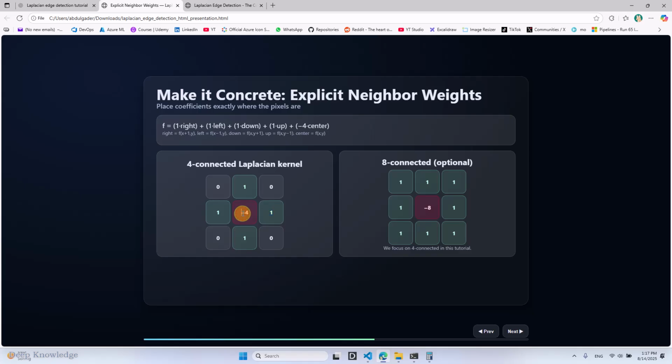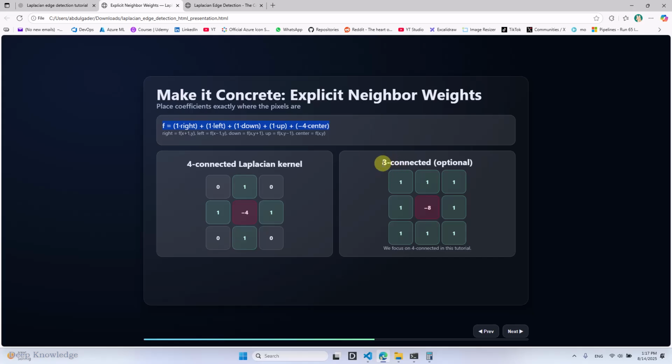Here is x plus 1, y, and here x minus 1, y, then x, y minus 1, and x, y plus 1. So you can see we have 1, 1, 1, 1 and minus 4. The center pixel is minus 4, and the other corners are zeros.